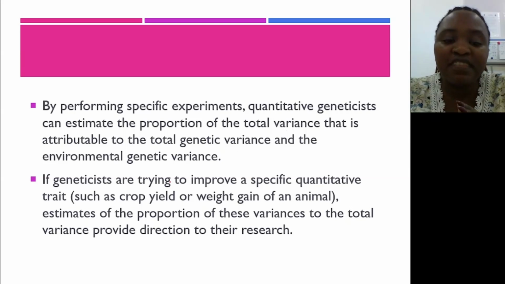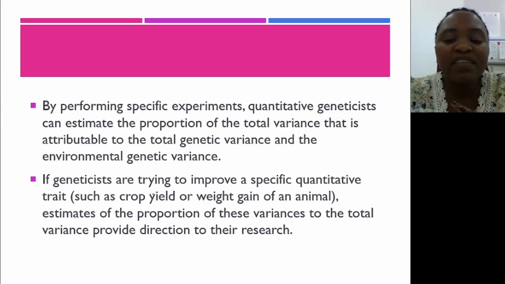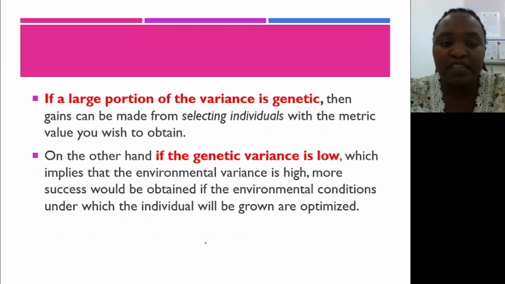If geneticists are trying to improve a specific quantitative trait, maybe crop yield, or weight gain in an animal so that you can have more quality and heavy weight, then estimates of the proportion of these variances to the total variance provide direction to this research.